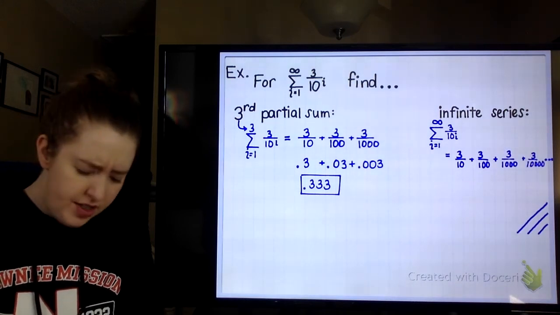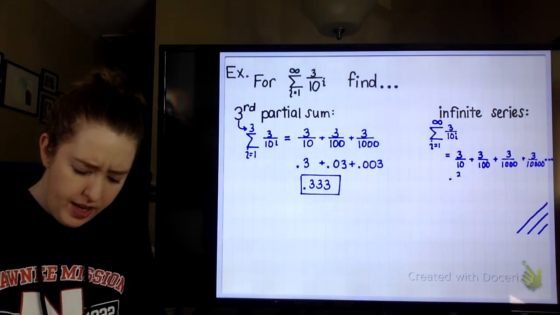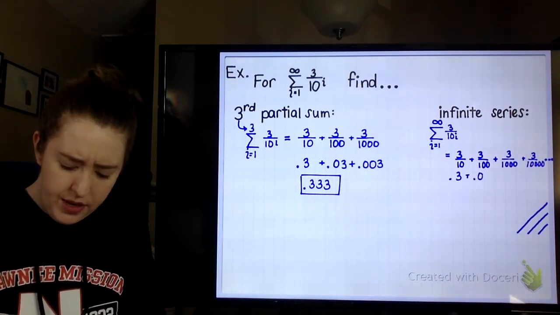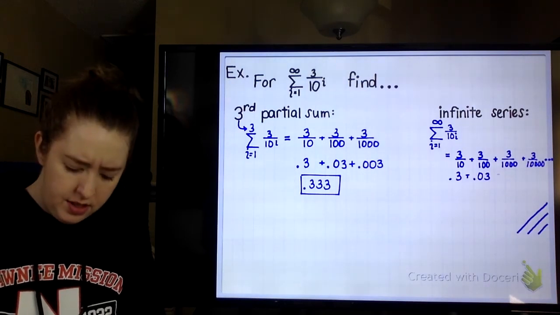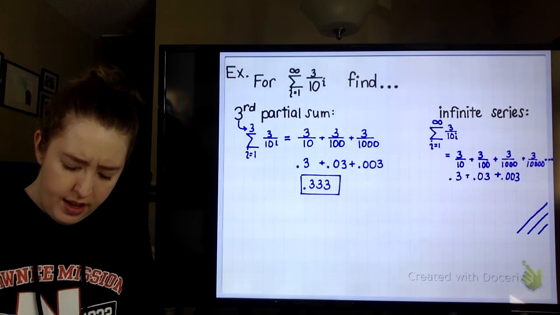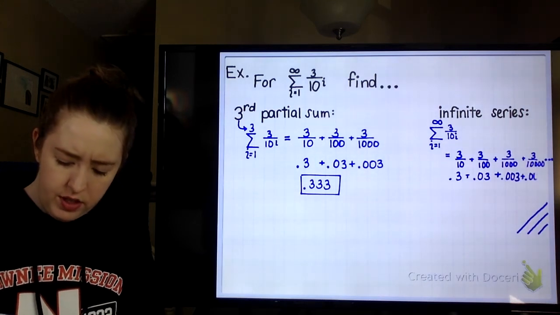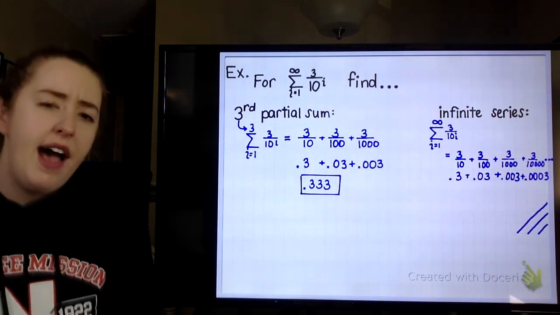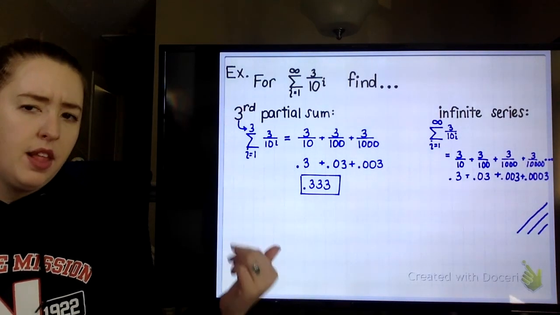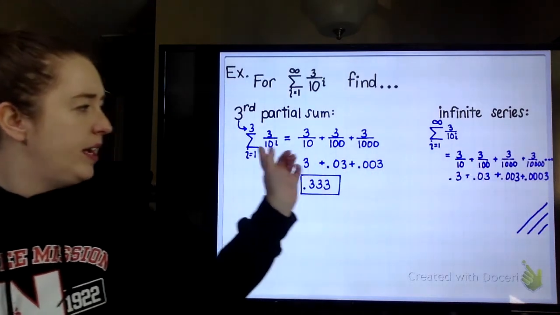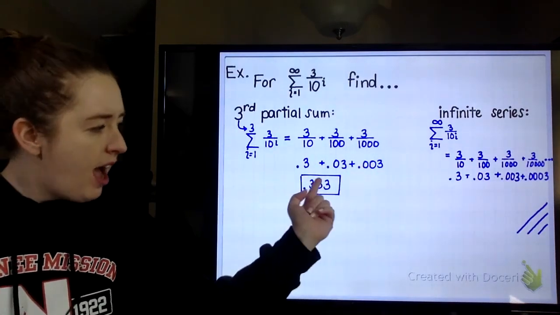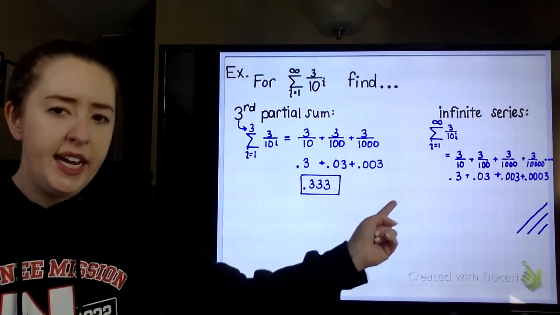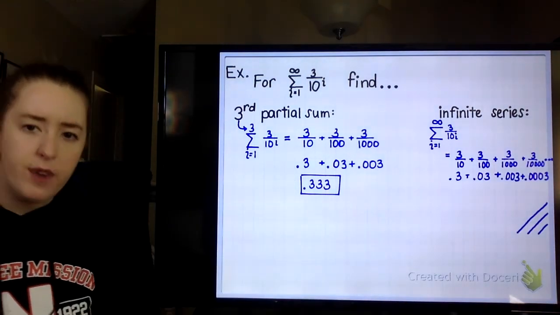So then if we started to think about this, we had 0.3 plus 0.03 plus 0.003 plus 0.0003. So for every new term, every term that I'm going past over here, I'm just adding a new 3 onto the end of that, right?